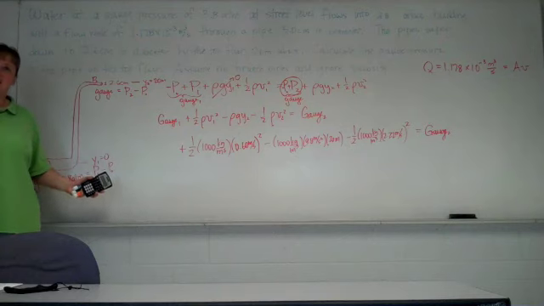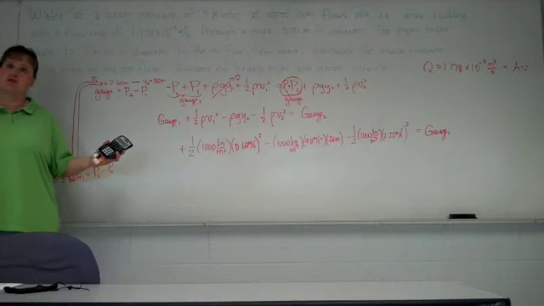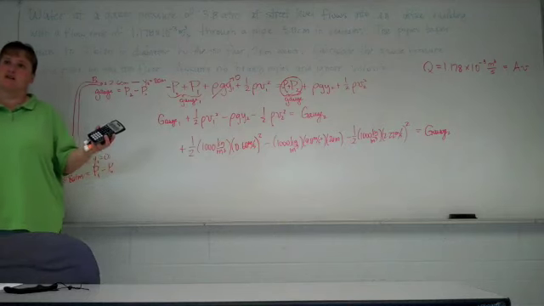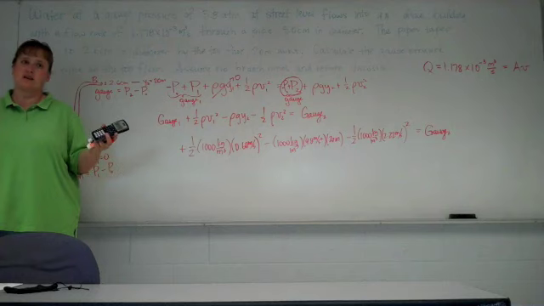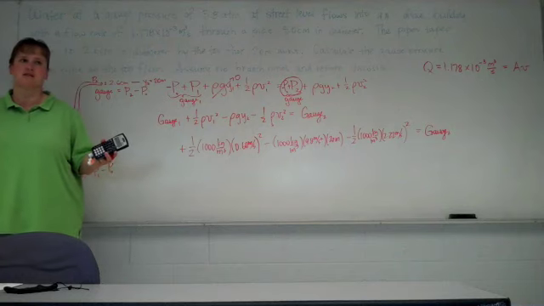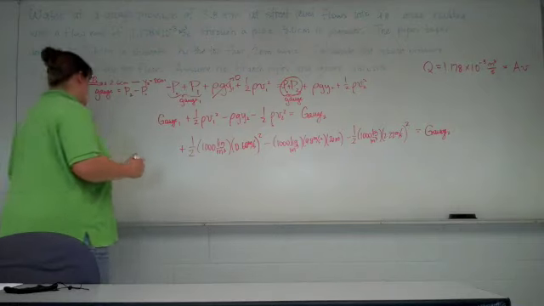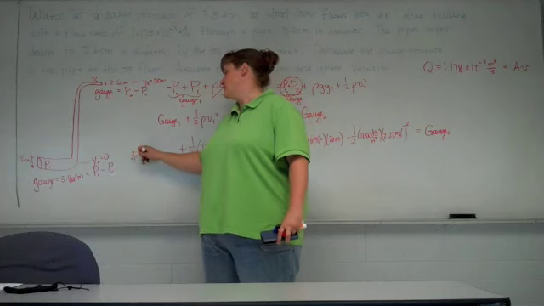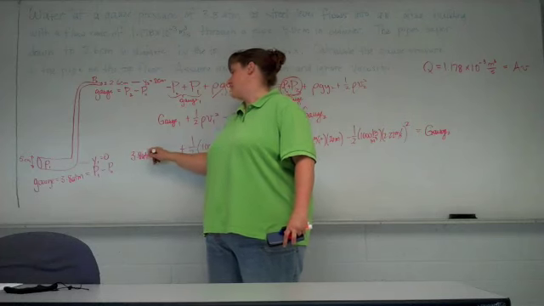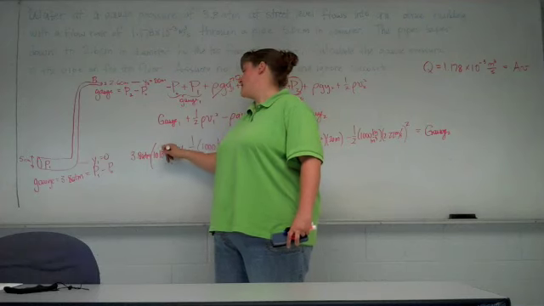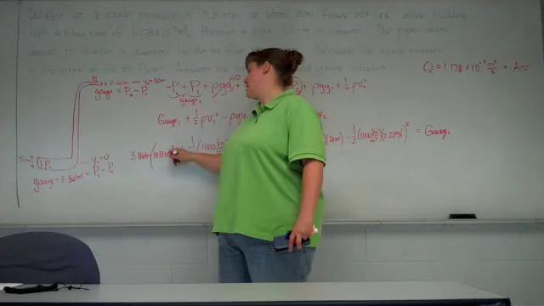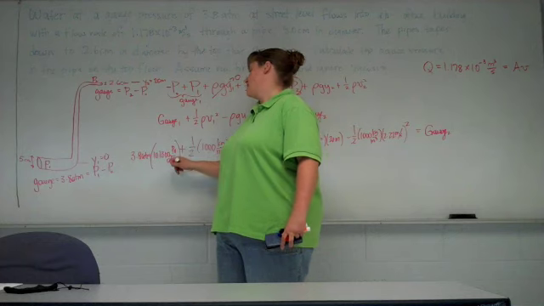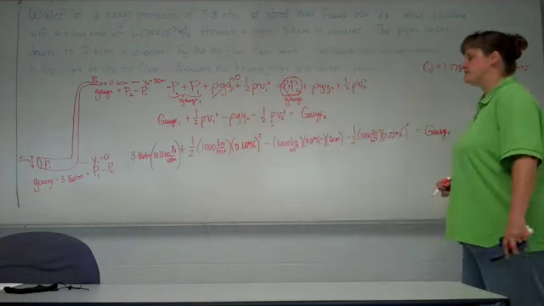We can't add atmospheres to pascals. It's not legal. That would be like saying 10 feet plus 2 centimeters is 10.2 centimeters. That doesn't work. We need to have common units. So we need to convert this to pascals, which is easy enough. We know there are 101,300 pascals per atm.